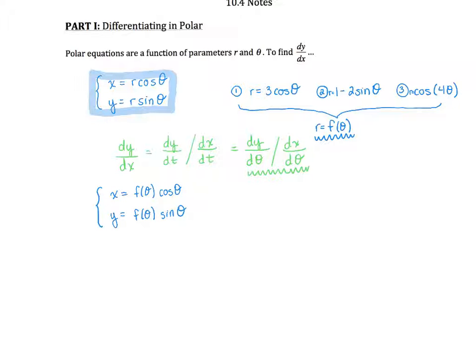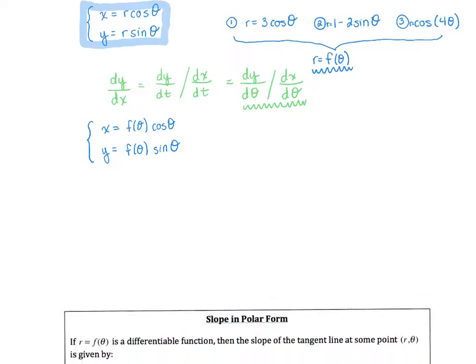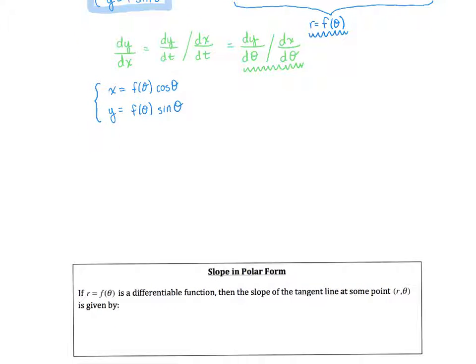All right, so scoot down here a little bit. And remember, ultimately, this is what we're going for, because polar is really just a specific case of a set of parametric equations. We want dy d theta over dx d theta. So let's go ahead and get it.